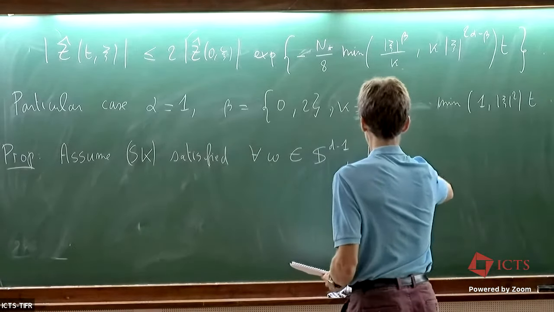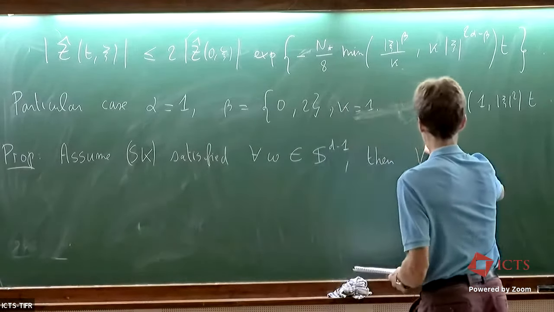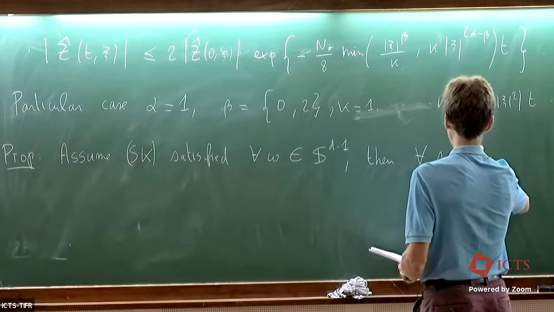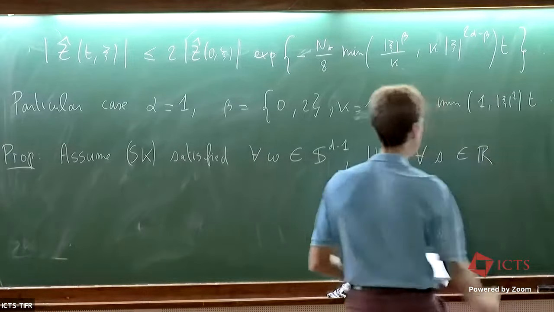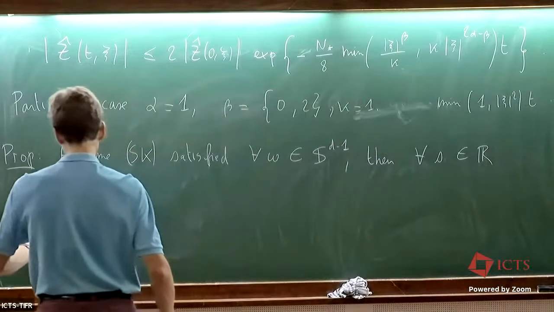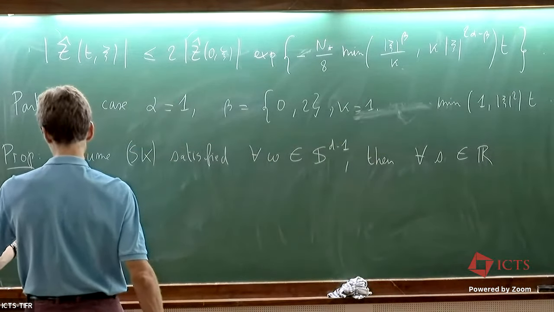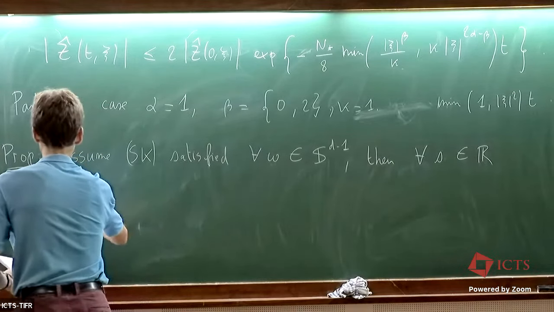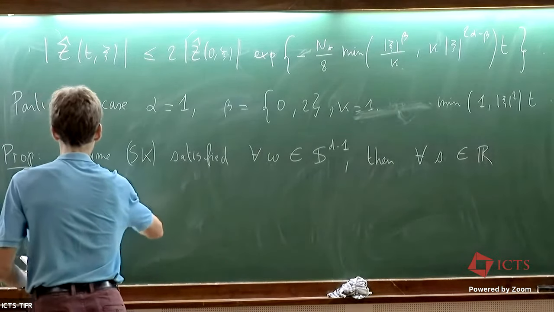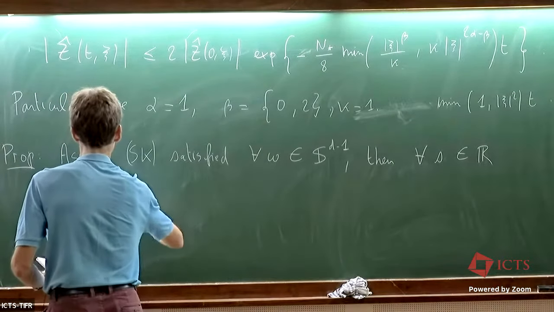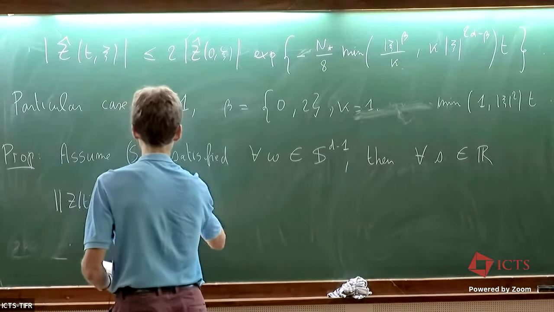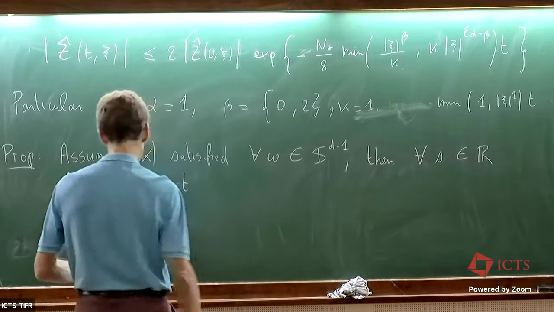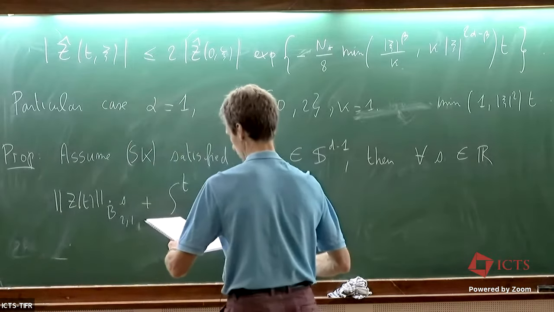Then you have for all S, if you just look at estimates, exactly the same estimates as what I did before. So you have this one. If you do time integration, then you have to make the distinction between the two regimes.